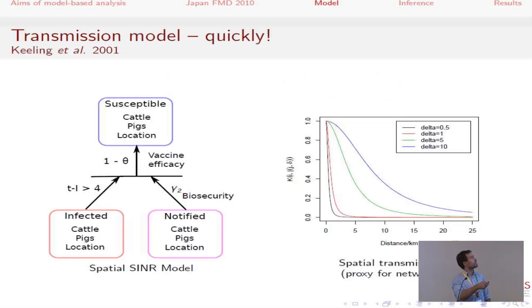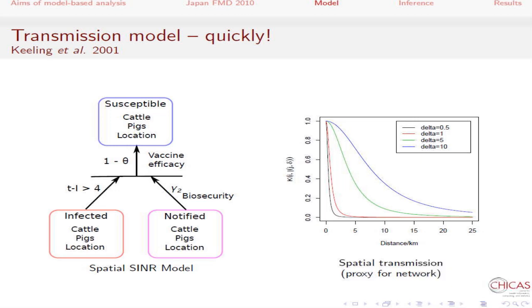So very briefly, and avoiding a lot of the maths, this is my model. So you can think of infected farms pushing infectious pressure onto susceptibles, which happens once an assumed 4-day time period has elapsed. That's the prodromal phase, and then the farm becomes infectious. At some point it's notified, and its infectiousness due to biosecurity is reduced by this factor gamma 2, and then together the susceptibility of a susceptible farm is reduced by a factor 1 minus theta, where theta is the vaccine efficacy.